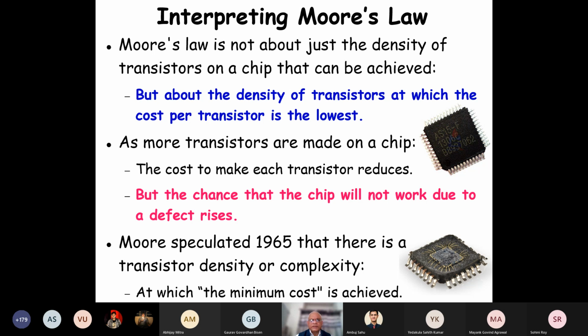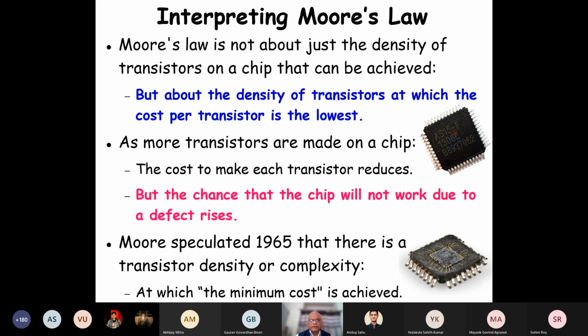As we put more transistors on the chip, the cost definitely reduces, but the chances that a transistor is bad also increase. Given a technology, there is a density that we can manufacture. If you try to put more transistors, they will become very unreliable. The number of defects will be more, and more chips will have to be discarded.